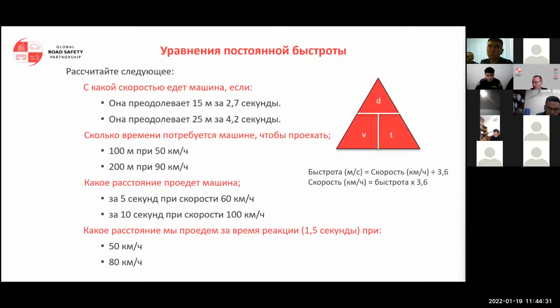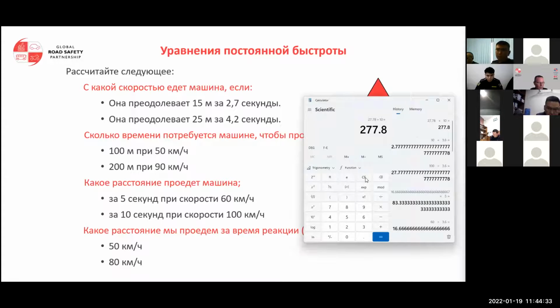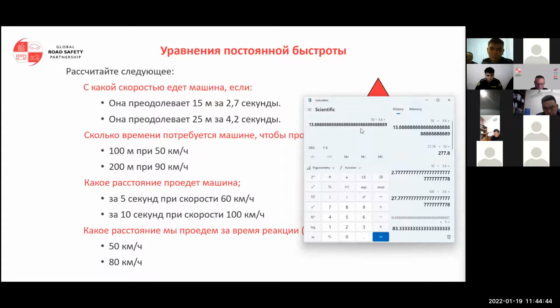So I'll get my calculator back. Clear it. 50 kilometers per hour divided by 3.6 equals 13.89. That's our velocity for 50k. Every second, the vehicle travels 13.89 meters.